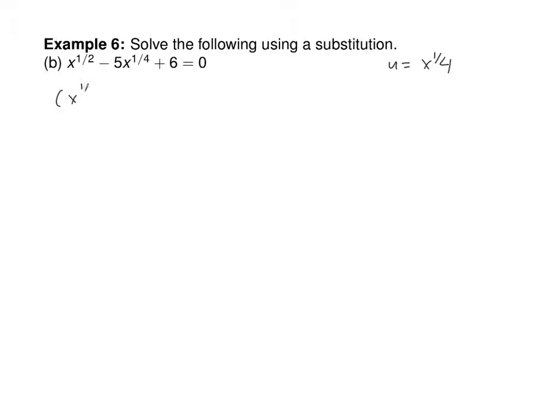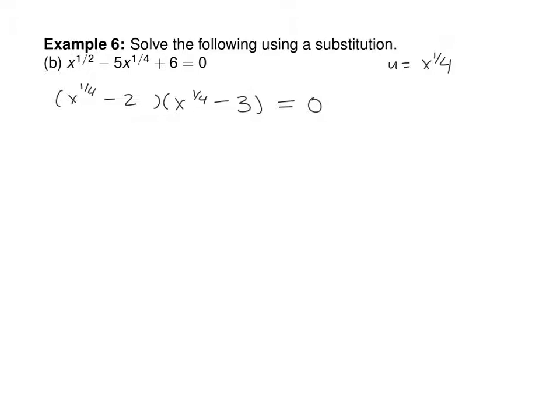X raised to the 1/4. And you can think, okay, x to the 1/4 times x to the 1/4 is x to the 2/4, which is 1/2, right? And then what numbers go elsewhere? -2 and -3. That way is faster, isn't it?